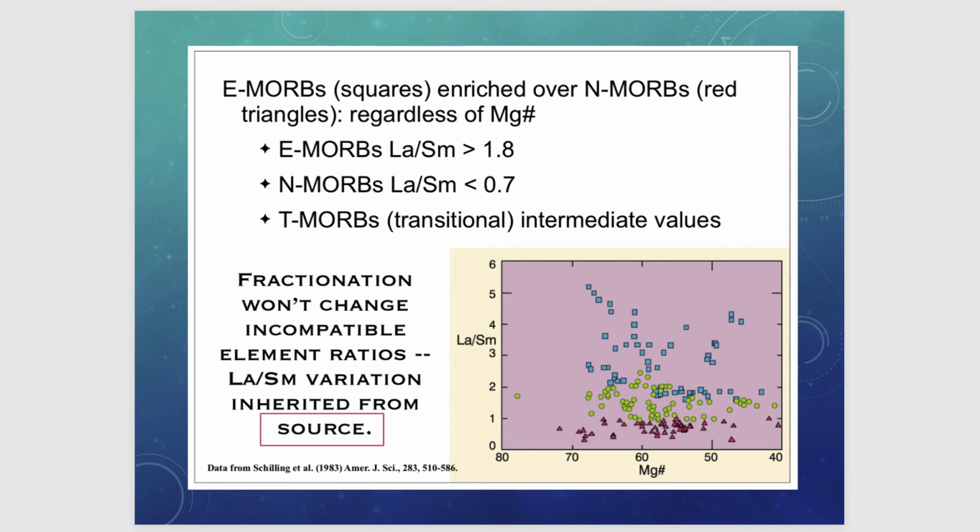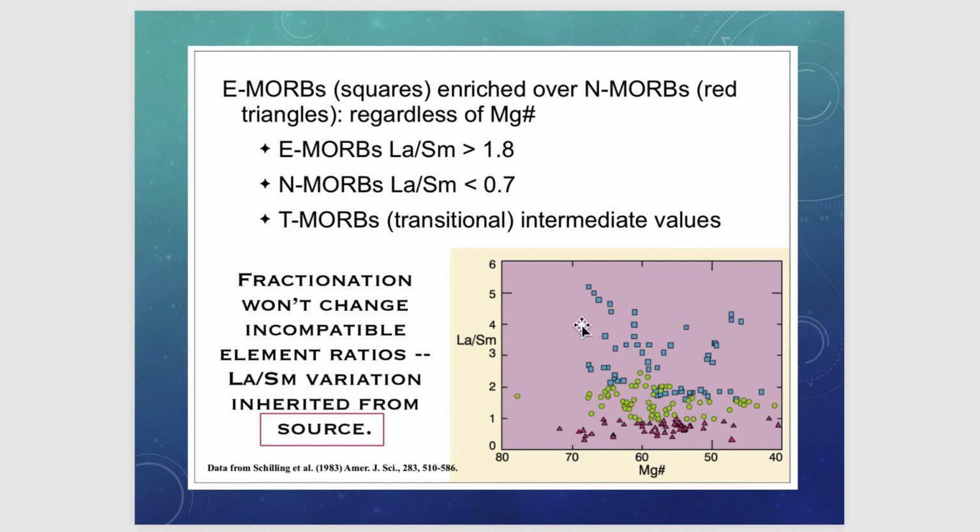And here in this diagram we have the relationship with the magnesium. If you remember, I mentioned that magnesium is essentially higher in ultramafic rocks, so the ultramafic rocks would sit on this side, and on this other side you have more fractionated rocks.